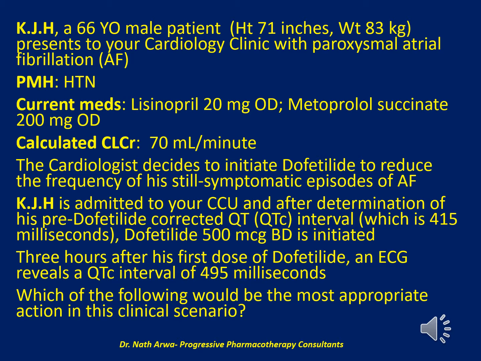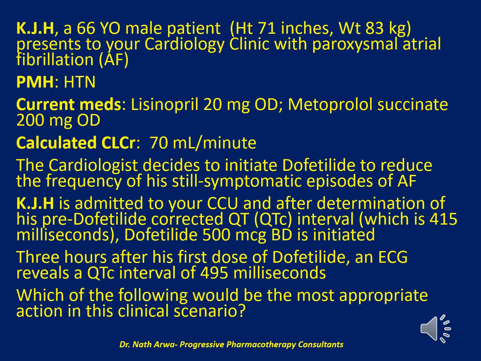His current medications include lisinopril 20 mg orally once daily, and metoprolol succinate 200 mg orally once daily. His calculated creatinine clearance, CrCl, is 70 ml per minute. The cardiologist decides to initiate dofetilide to reduce the frequency of his still symptomatic episodes of AF.